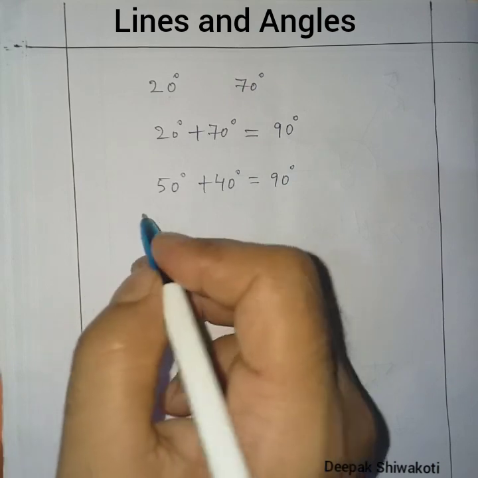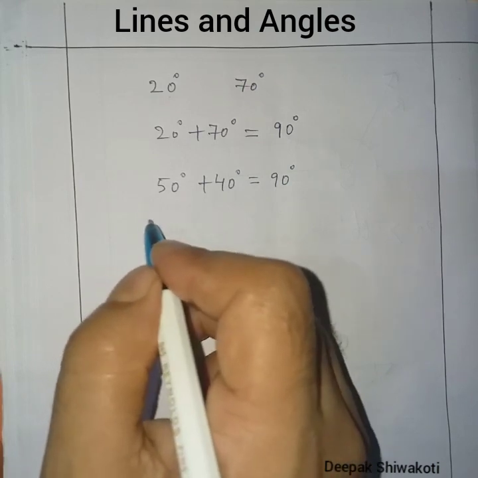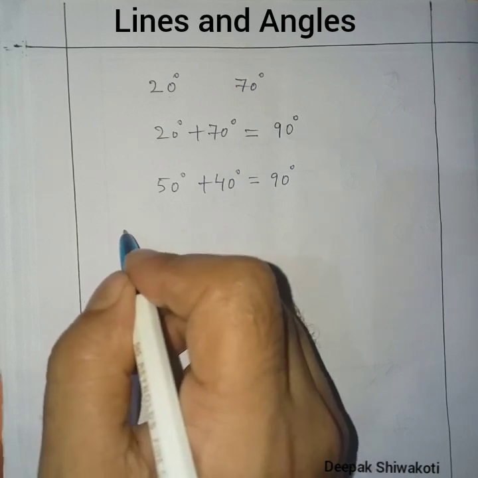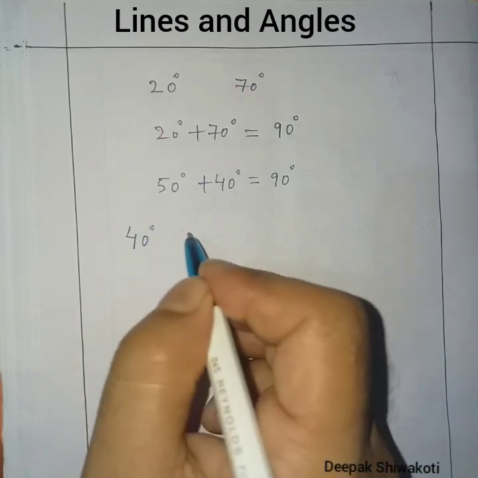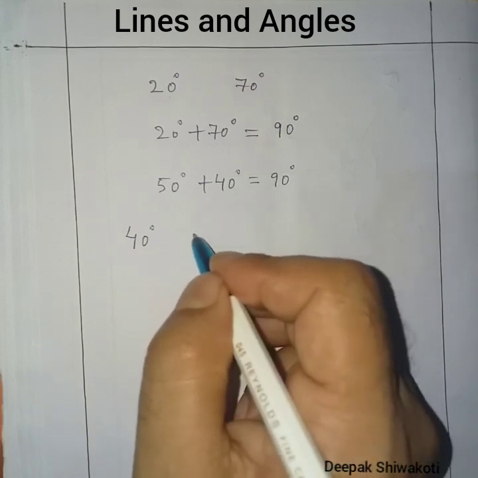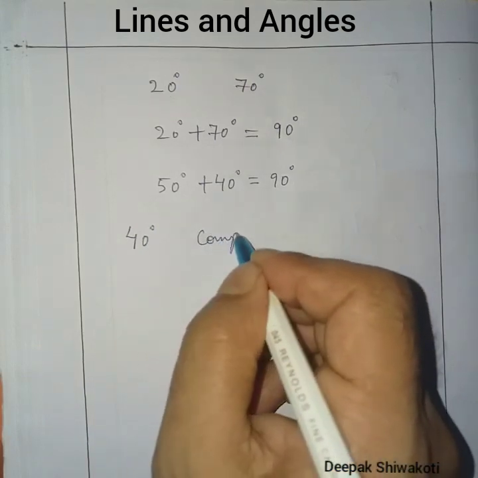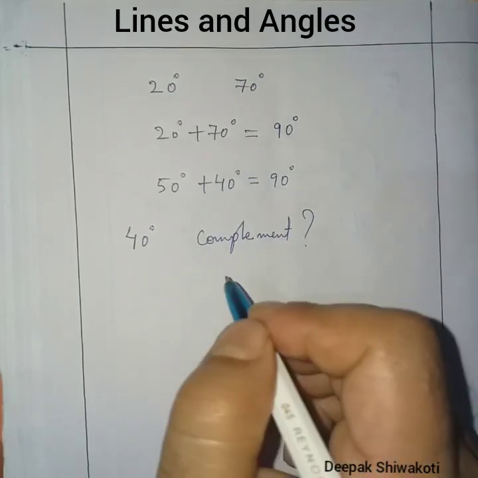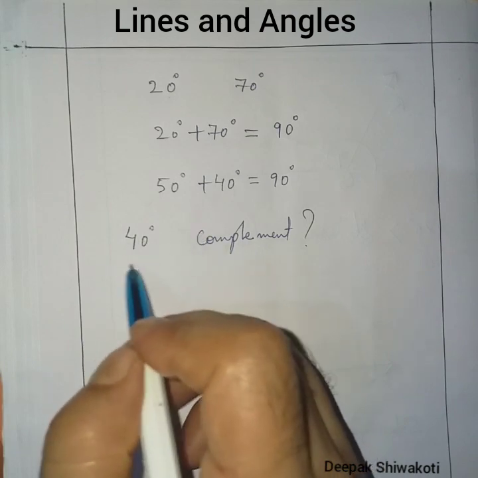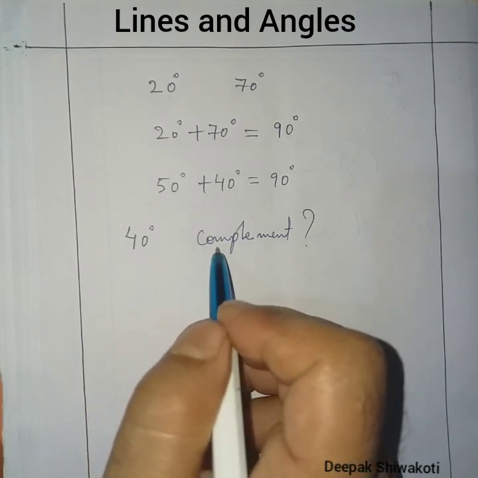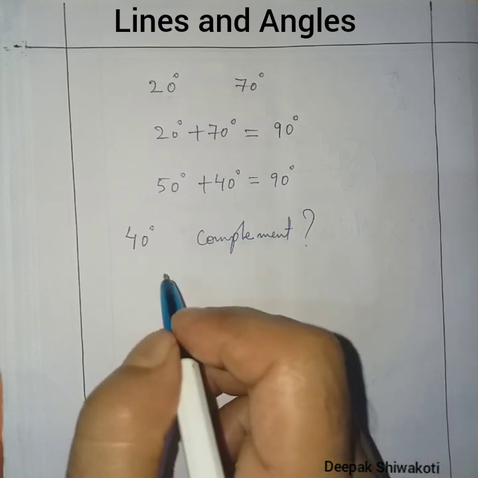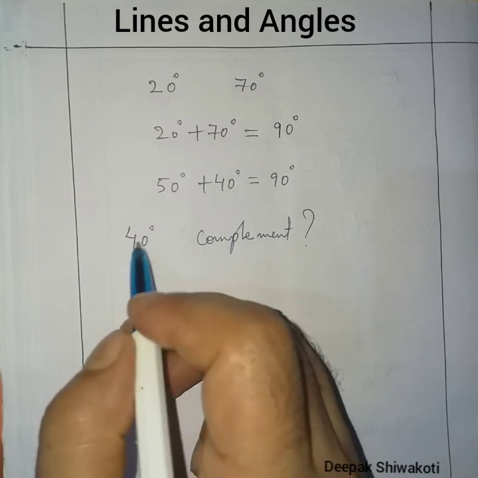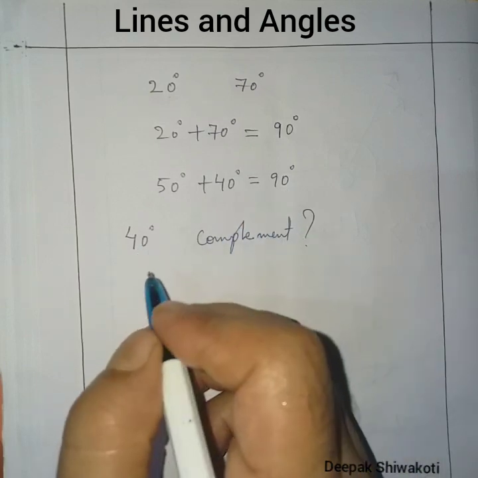Here we have to understand how to find the complement of an angle. Suppose an angle is 40 degree, then what is the complement of this? How to find? As the sum of the complement angles is 90 degree, then the complement of this angle we will get by subtracting this angle from 90 degree, isn't it?